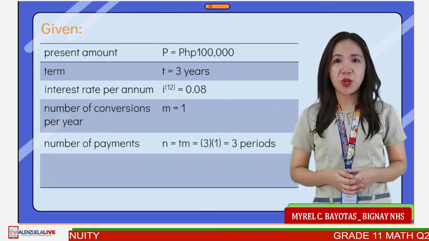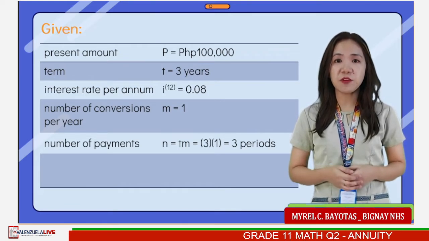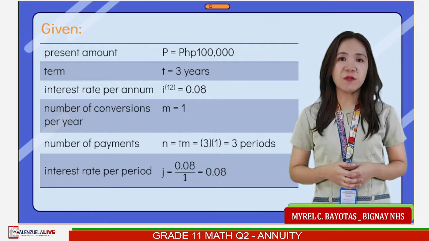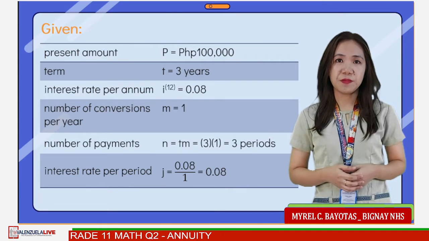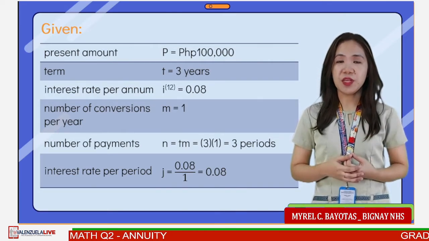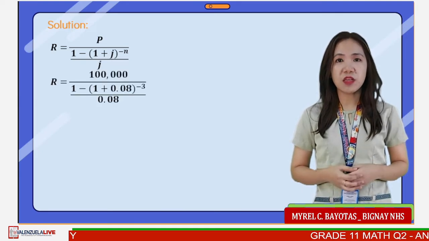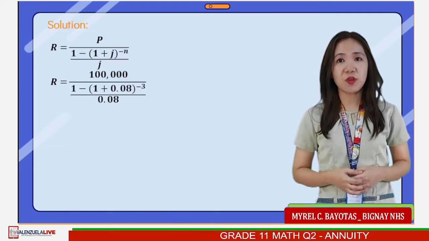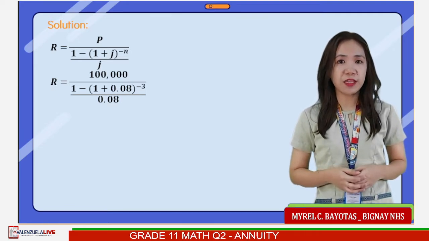Lastly, the interest rate per period is the rate divided by the number of conversions. That is, J equals 0.08 divided by 1 equals 0.08. Here's the solution. By substitution, R equals 100,000 over 1 minus (1 plus 0.08) raised to negative 3, all over 0.08.